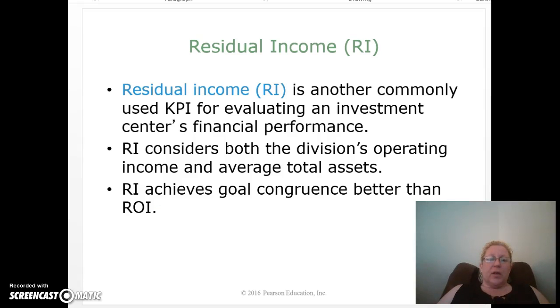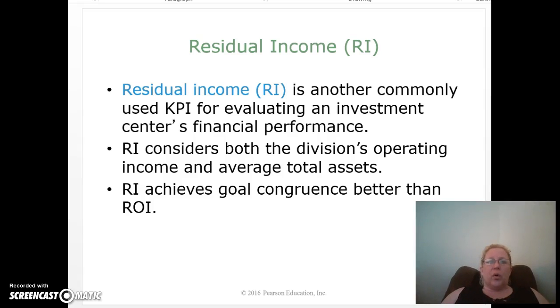Residual income is another commonly used key performance indicator for evaluating an investment center's financial performance. Similar to ROI, RI considers both the division's operating income and its average total assets. RI considers both the division's profitability and the efficiency with which the division uses its average total assets.